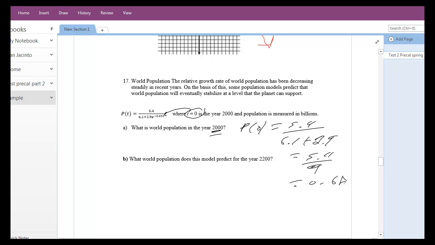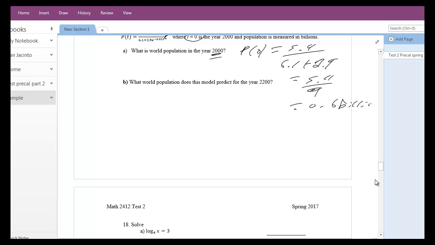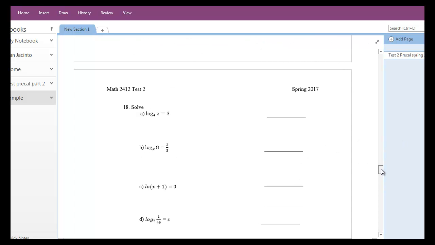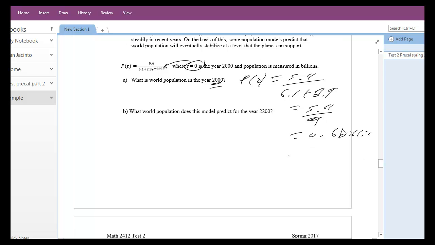Cool. Billions, right? Now, if you go back, notice what this says. Predict 2,200. How many years pass by? 200. So now you're going to go back in here and go p of 200 equals 5.4 over 6.1 plus 2.9, e to the what?